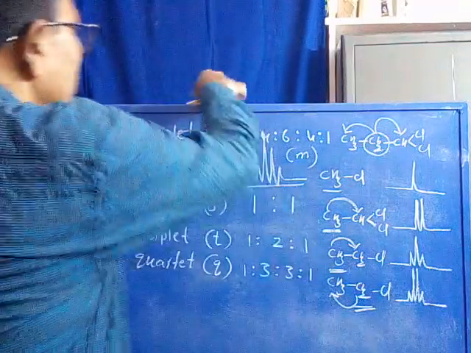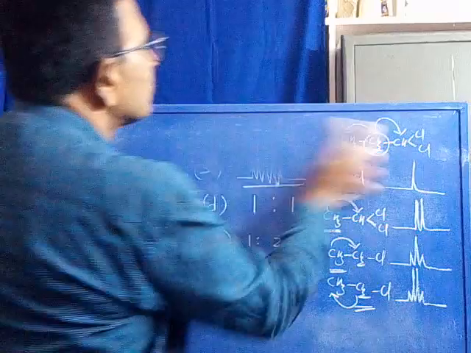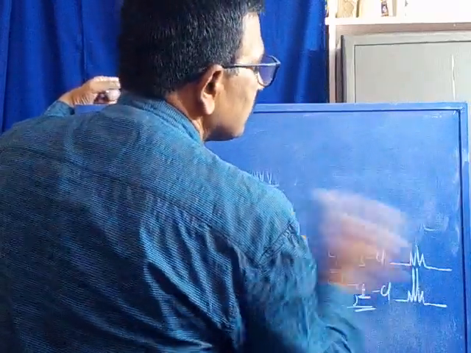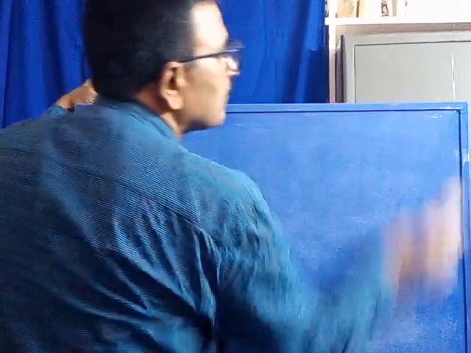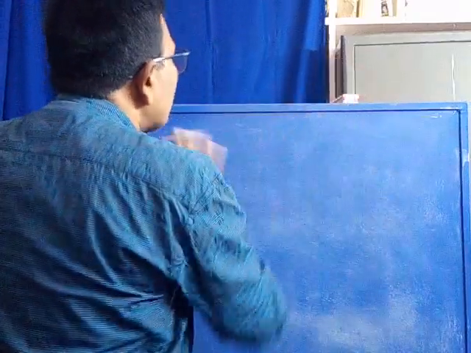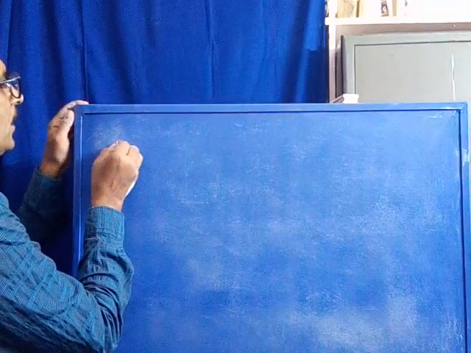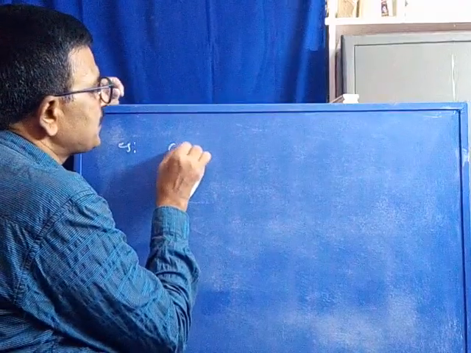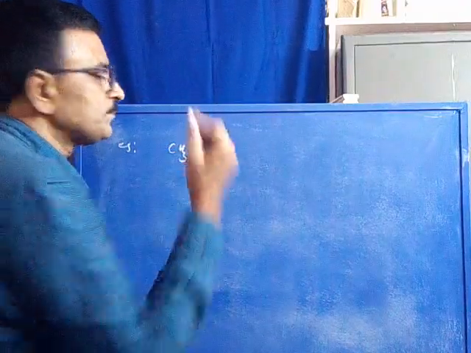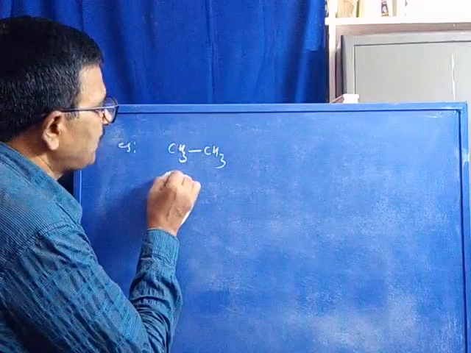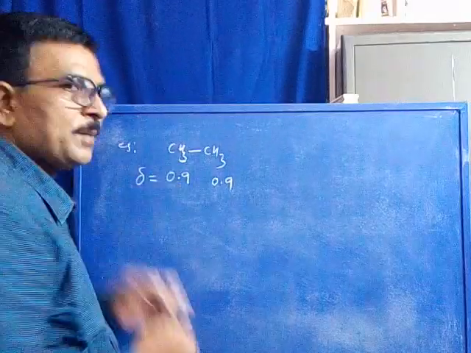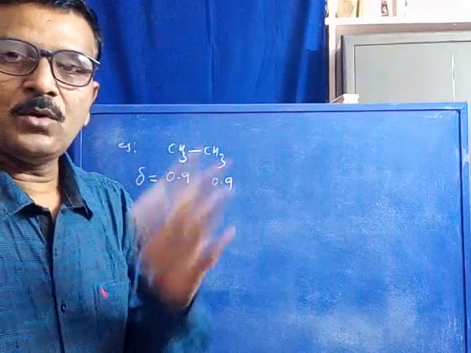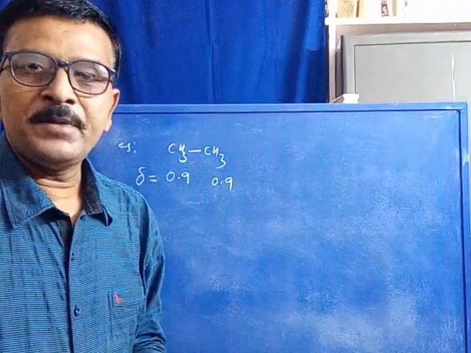For example, according to the 2 conditions which we learned, you can take CH3, CH3, where the frequencies are 0.9 ppm and 0.9 ppm. Delta is equal to the absorption frequency, that is delta equals 0.9 ppm and 0.9 ppm.